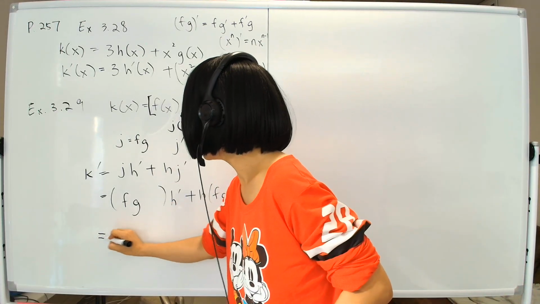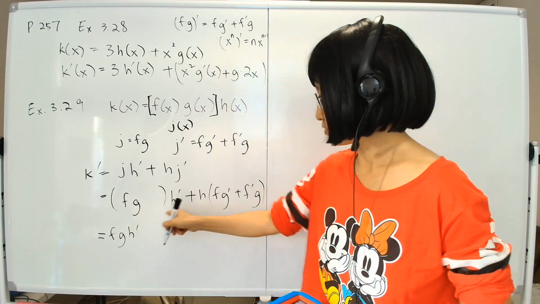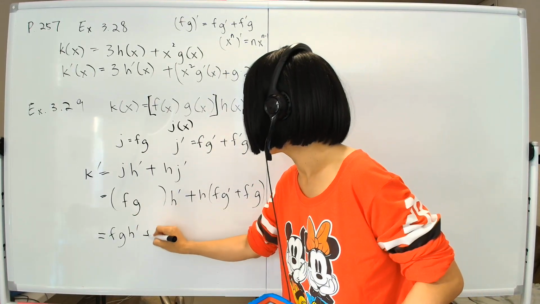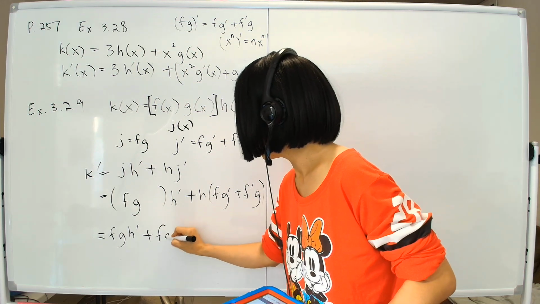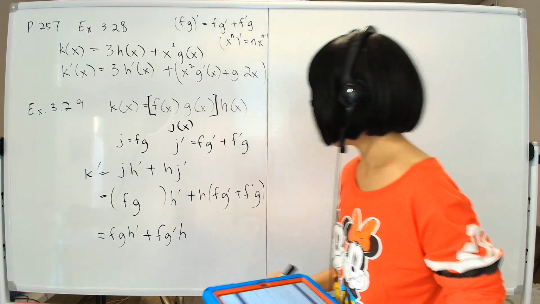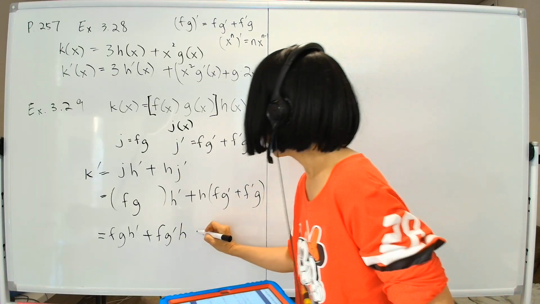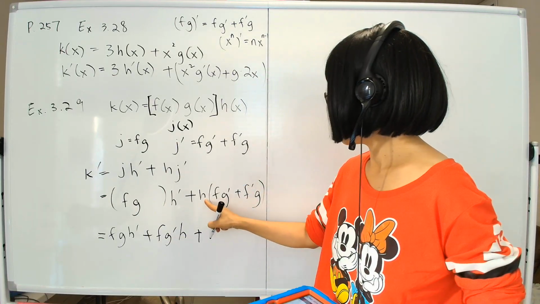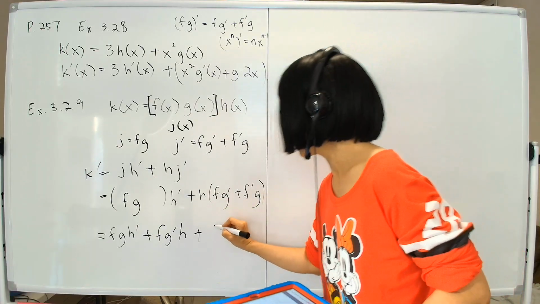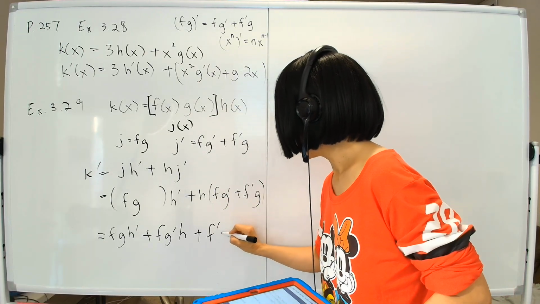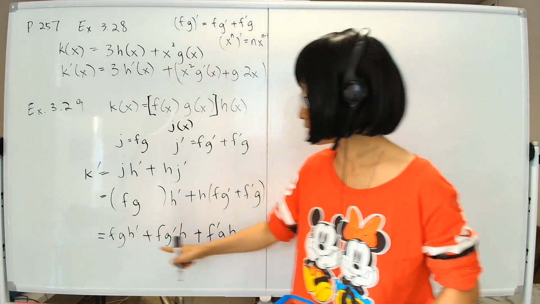That equals f g h prime, that's the first term, plus f g prime h, that's the second term. I rearranged it in alphabetical order. And thirdly, f prime g h. So you notice this is the answer.